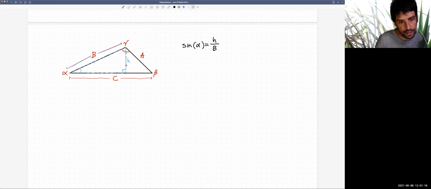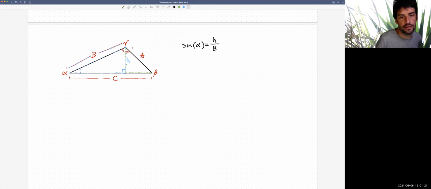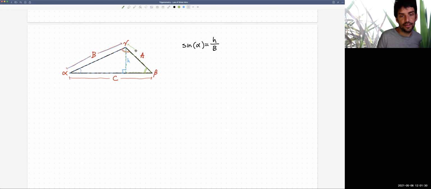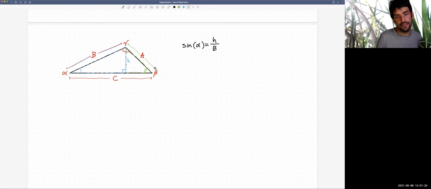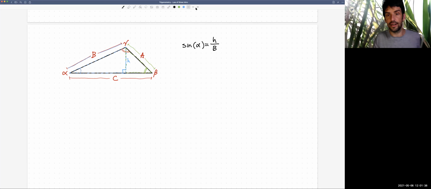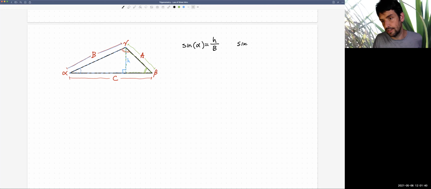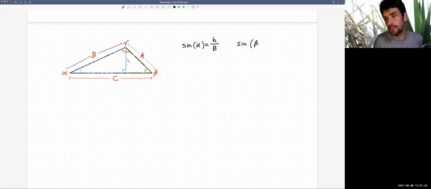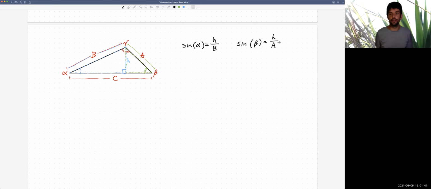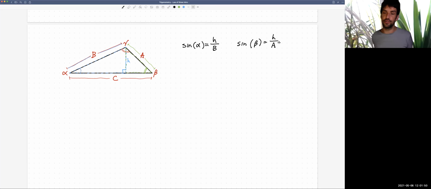There's a green triangle, and this has beta as one of its angles, and it has length A as its hypotenuse, and that's also a right triangle. So in a similar way, I can say that sine of beta equals H over A, opposite over the hypotenuse. So that H, that height, is the opposite on both of these.